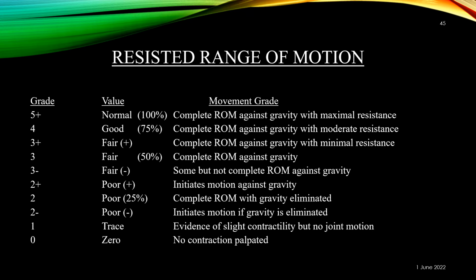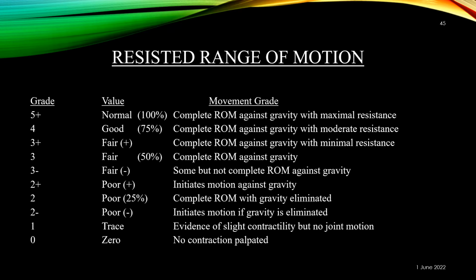as 4 or 3 plus, because then you look at 3 plus, complete range of motion against gravity with minimal resistance. So between moderate and minimal there is of course a subjective difference: how much pressure the client is really putting up, how much they're struggling. That's where you start charting as 4 or 3 plus.